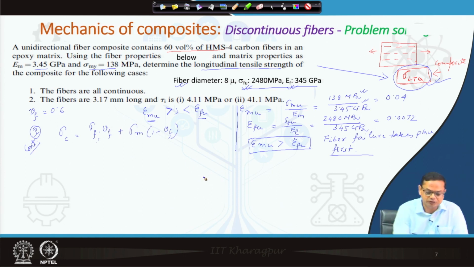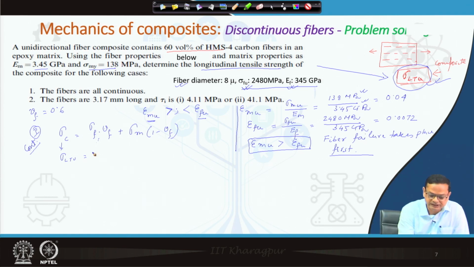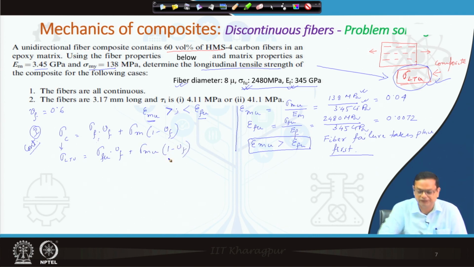Okay. Now, when you try to get sigma LTU, that means when the fiber is failing, the composite material is failing, in that case this sigma f is basically sigma f ultimate multiplied by Vf plus sigma m ultimate multiplied by 1 minus Vf.